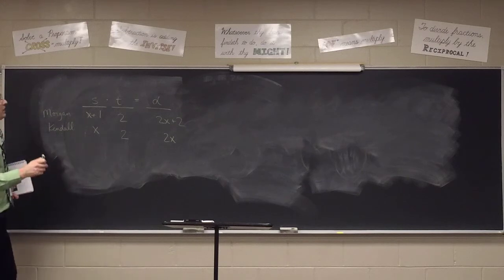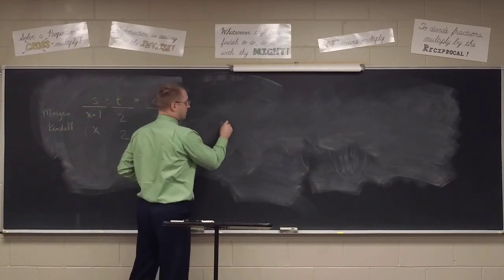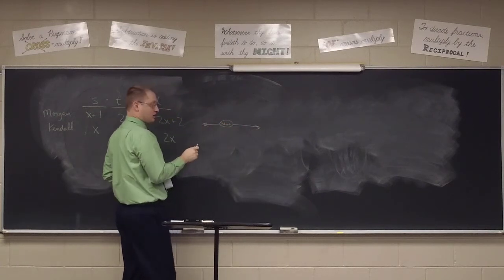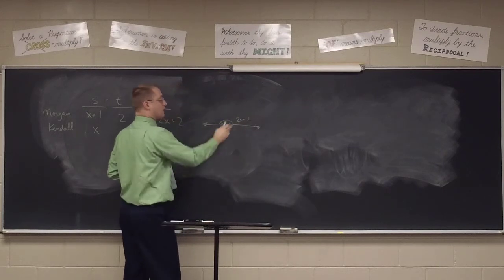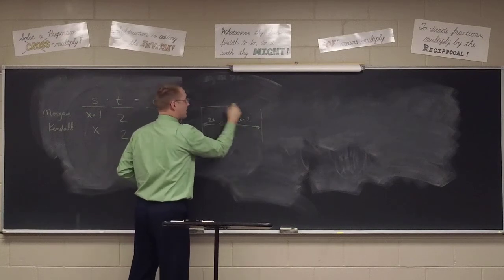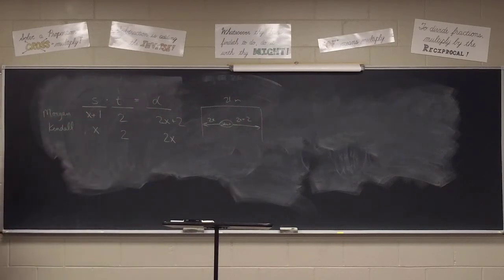All right, now, it says they both start at the same place, but they jog in opposite directions. The one goes a distance of 2x + 2 miles. The other goes a distance of 2x miles. But at the end of 2 hours, they are 21 miles apart. What should the equation be, Maddie?